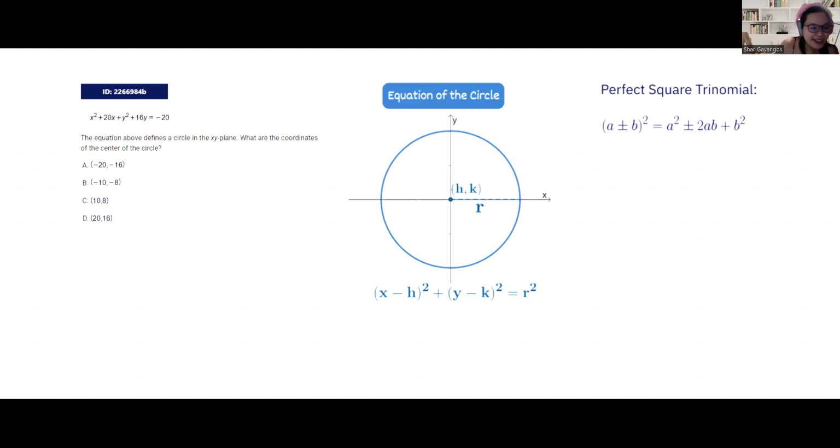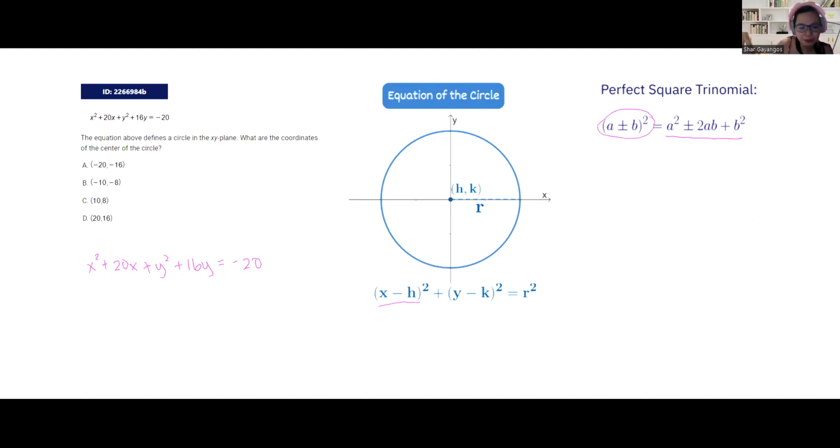Okay, so we have x squared plus 20x plus y squared plus 16y is equal to negative 20. So again, our goal is to have a perfect square trinomial so that we end up with something of this form, right? Because this one is similar to the forms that we need.